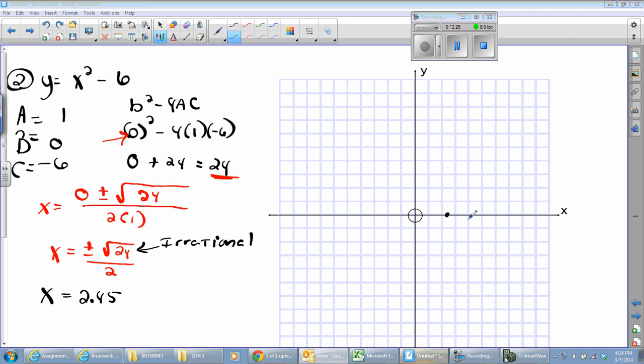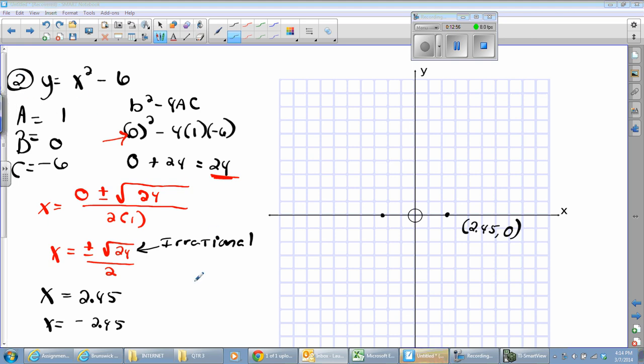And since it's an unusual number, I'm going to put its label on the graph. Okay, and that's a rounded answer. And then in this case, it's not normally this way, but the other one would be x equals negative 2.45, because the b was 0. So I'm going to go 1, 2.